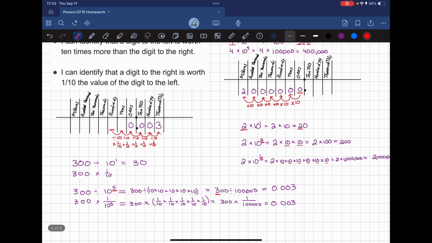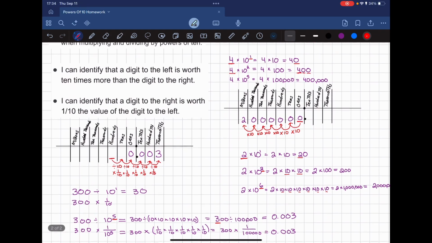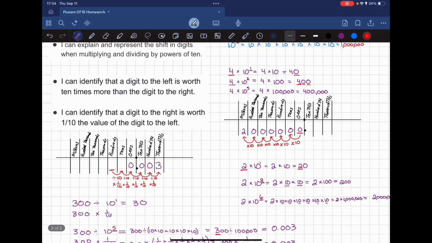From all of this, what we've been working on the last couple of weeks, your child should be able to identify that a digit to the left is worth 10 times more than the digit to the right. They should be able to recognize that the digit to the left is worth 10 times more than this digit place value to the right.